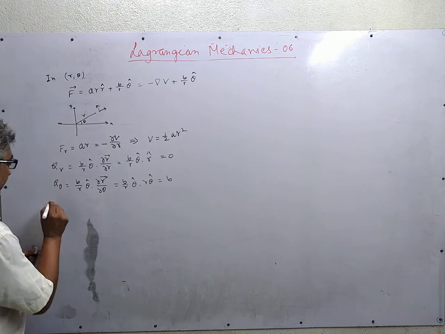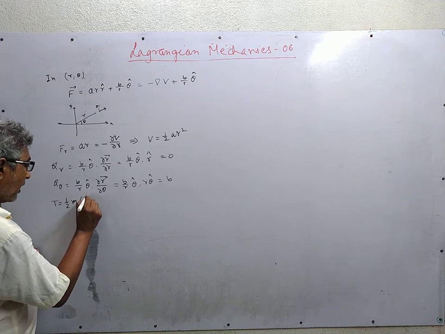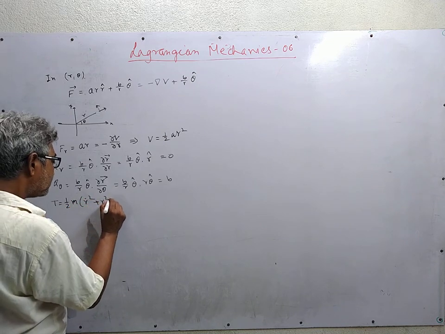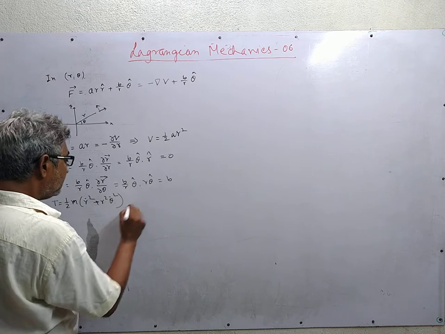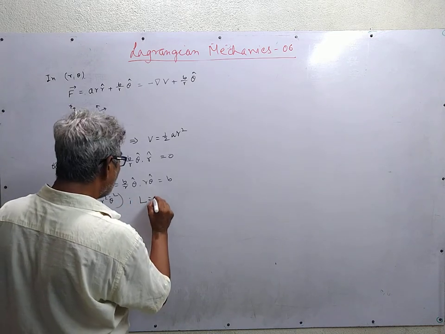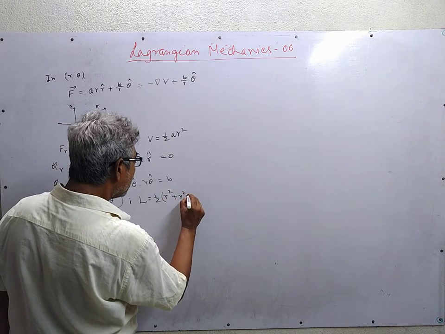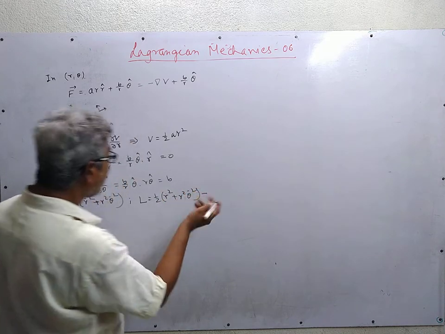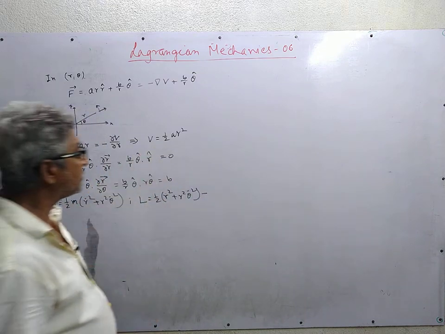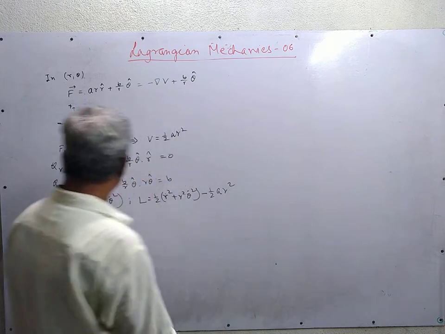And the kinetic energy part is half m r dot square plus r square theta dot square, which gives you the Lagrangian L is equal to half m r dot square plus r square theta dot square minus the potential energy part, which is half a r square.